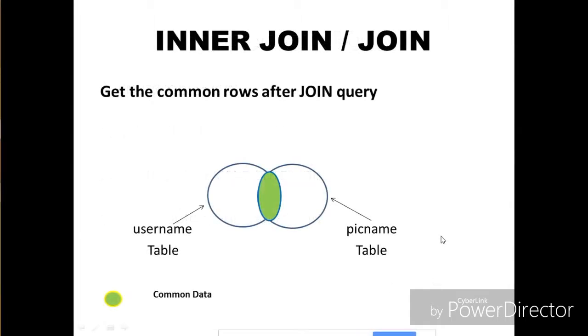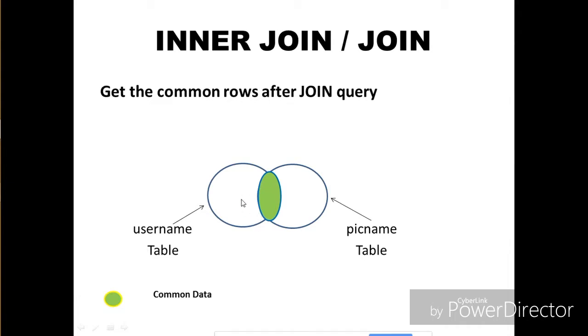So mostly we use the inner join operation, and according to this, if we perform an inner join operation on two tables, like here we are using username and pickname, then in the result we will get the rows which are common in both the username and the pickname tables. You can remember the function of inner join just by remembering this picture.